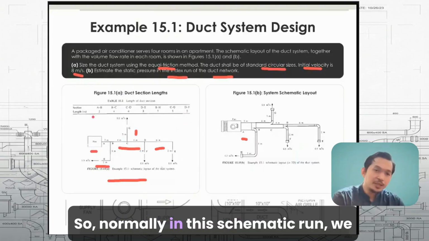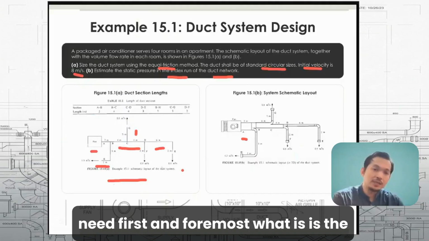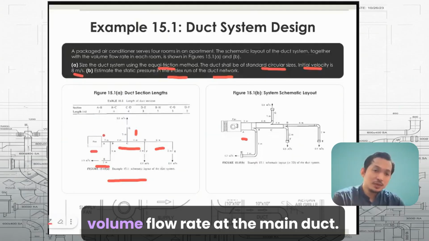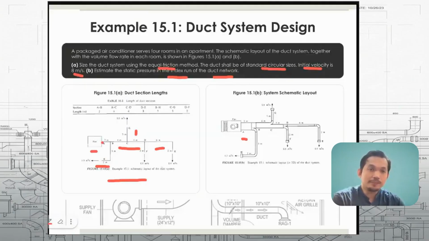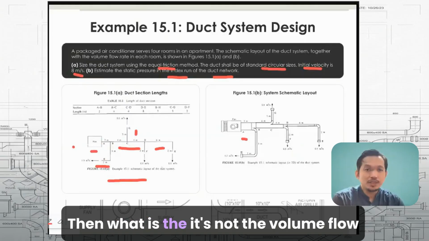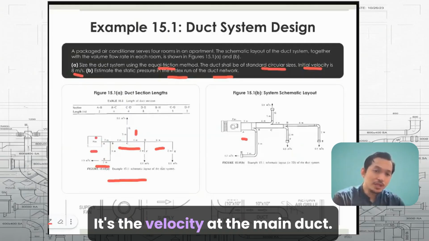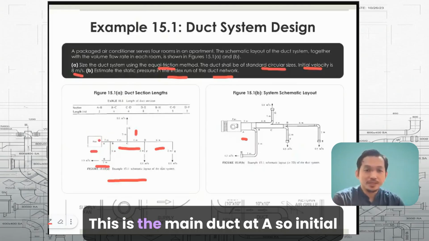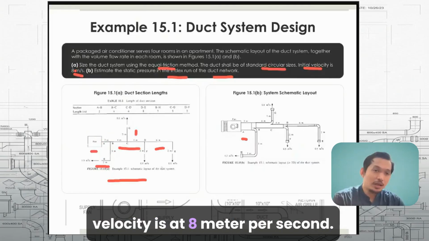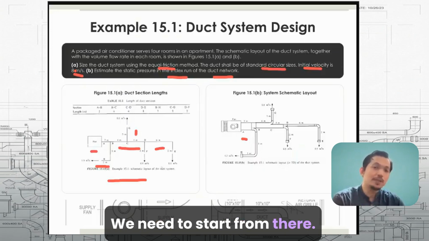Okay, so normally in the schematic run, we need first and foremost the velocity at the main duct. This is the main duct at A, so initial velocity is 8 meter per second. We need to start from there.